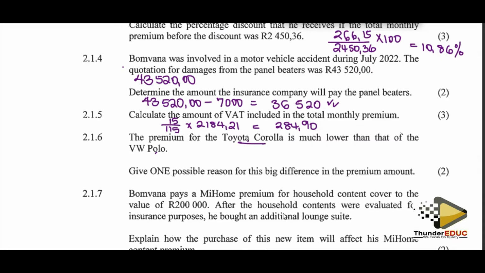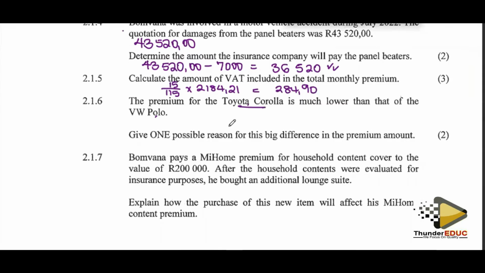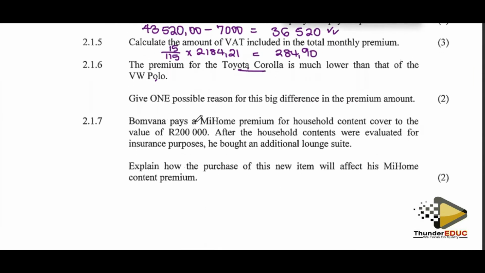You understand? The price value also changes. The Polo might be a little bit more expensive than the Toyota Corolla. All right? Very many reasons we can have there. Or give one possible reason.